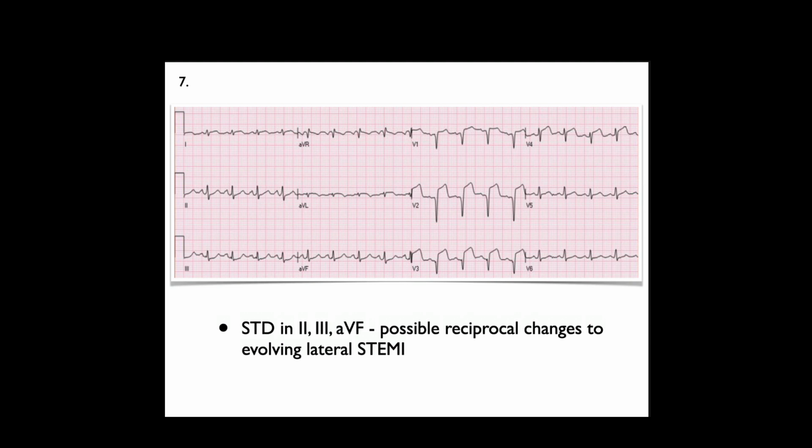If this is all we had, the limb leads, and we didn't have the stuff over here, you might not want to do a full STEMI alert, but do our favorite repeat ECGs and tell them what you see.